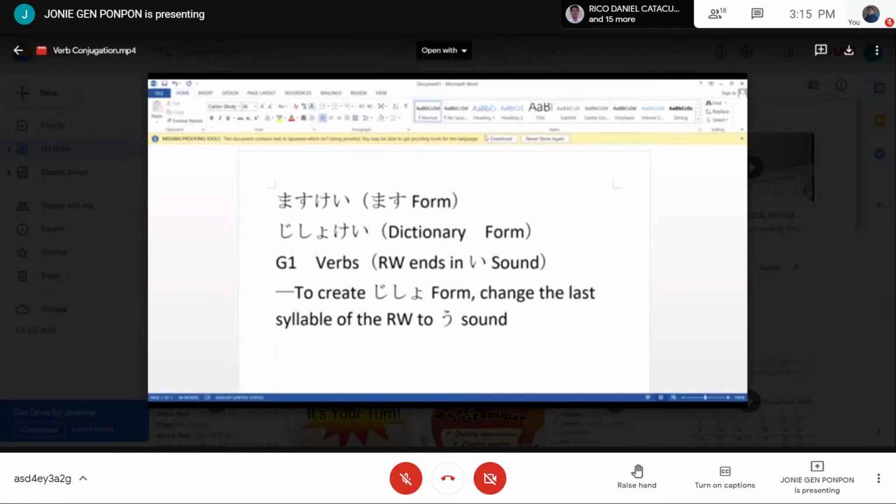That's the rule in creating the Jisho form for group 1 verbs.